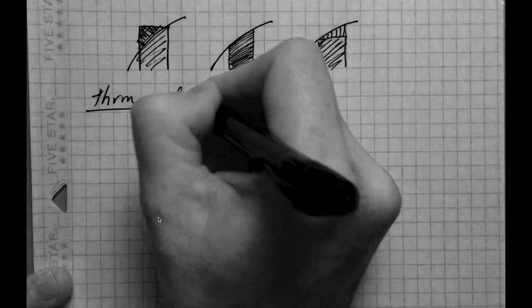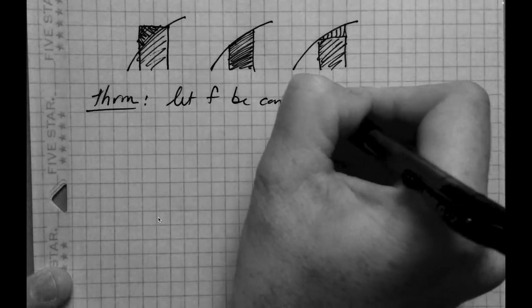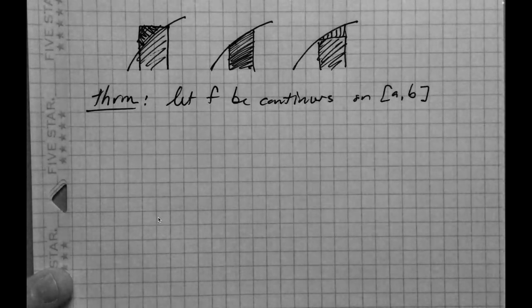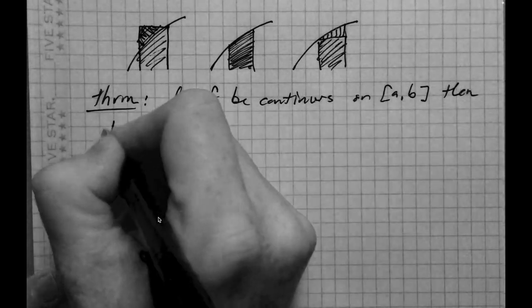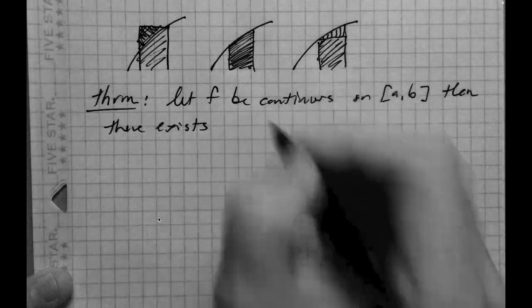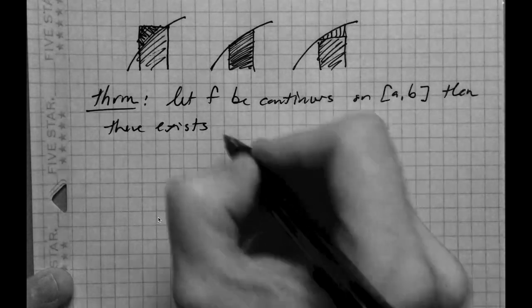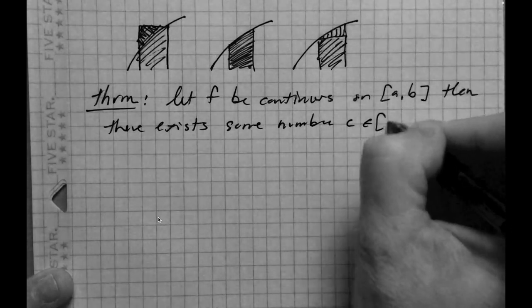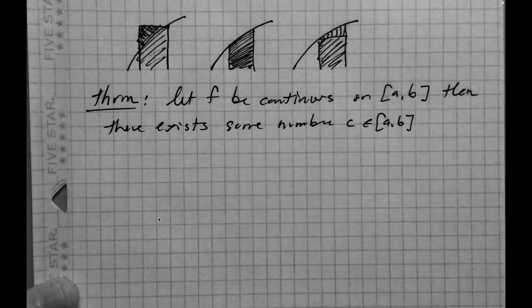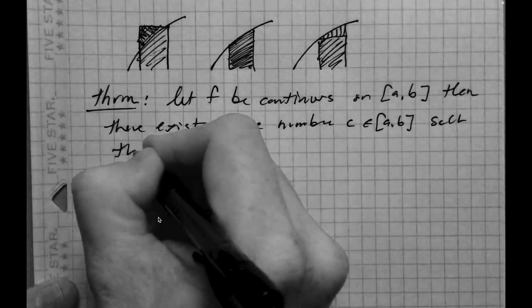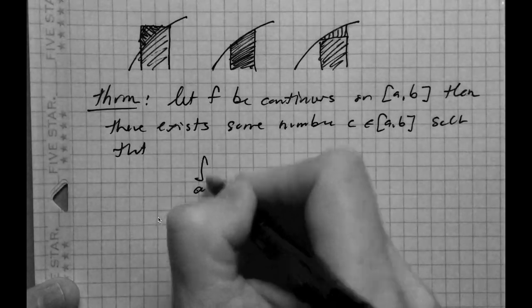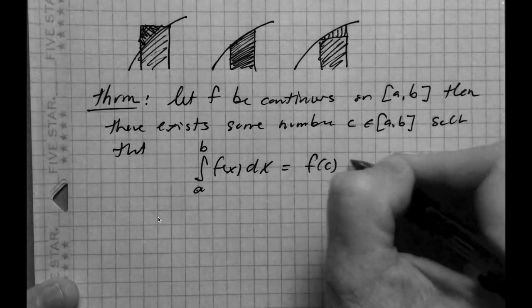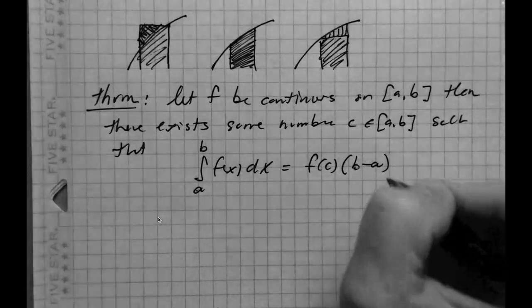Let f be continuous on [a, b]. Okay. Then there exists some number c in [a, b] such that the integral from a up to b of f of x dx is equal to f of c times b minus a.